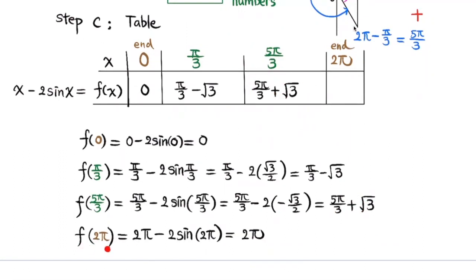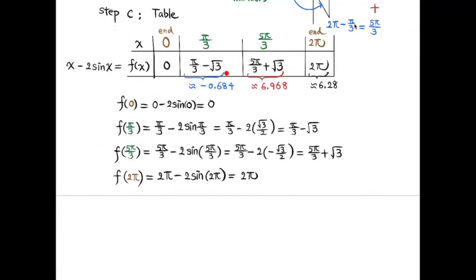We also have f of 2 pi is 2 pi minus 2 times sine of 2 pi. Sine of 2 pi is equal to 0, so the result here will be 2 pi. And we're going to enter this into the table. This is approximately equal to negative 0.684. This is about 6.968. This is about 6.28.